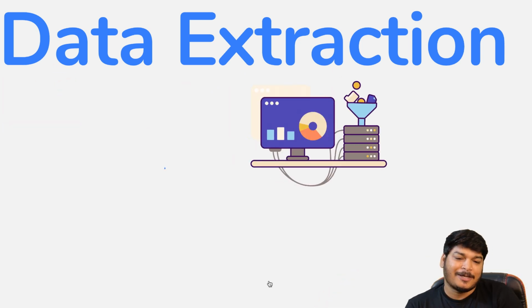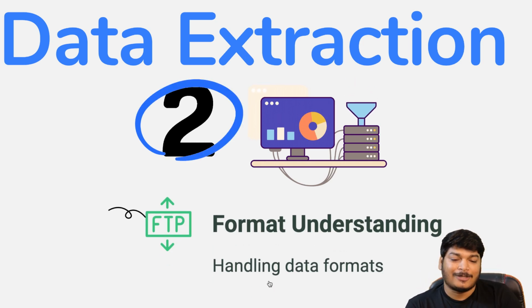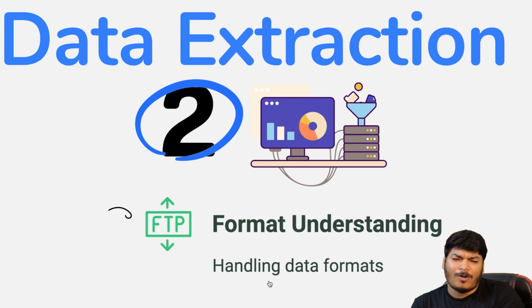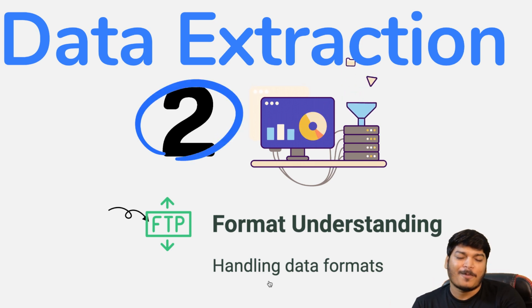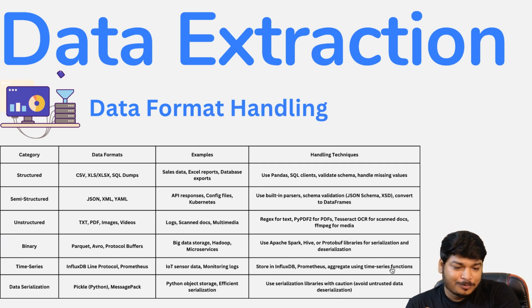Now the second step in data extraction is about format understanding or handling the different data formats. Okay, and what are the different data formats I'm talking about? Now there are many kinds of data format. For example, we have structured data format like CSV, XLS, or SQL dumps. We have semi-structured data format like JSON, XML, YML.